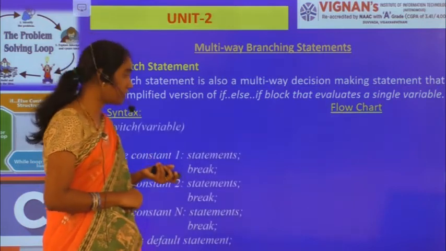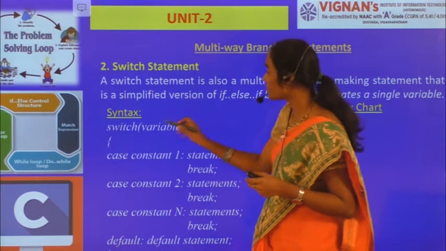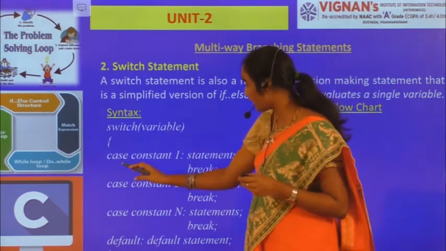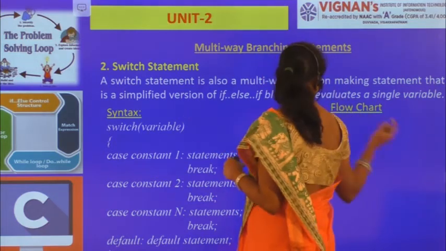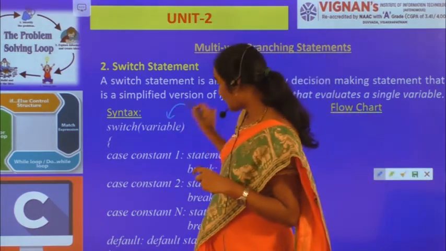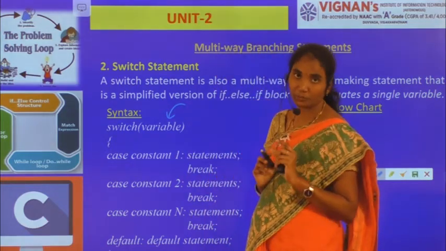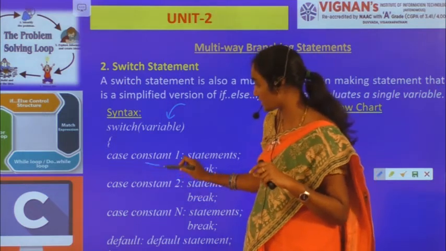So for example, this is a syntax for your switch case, which is switch variable. So here the switch variable will be having case constant 1, statements and break. So if this variable or expression is evaluated into some value, now that value I'm going to compare with these case constants, right?